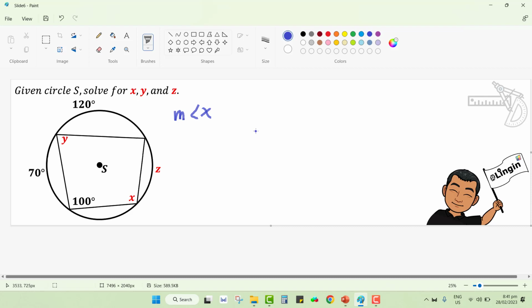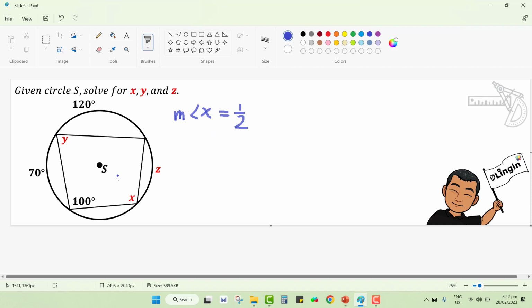Again, since it is an inscribed angle, the measurement of this inscribed angle x is 1/2 the measurement of its intercepted arc. You can see the intercepted arc from the endpoint of the side, being the chord, towards the other endpoint here, not just in the middle, but the entire arc.